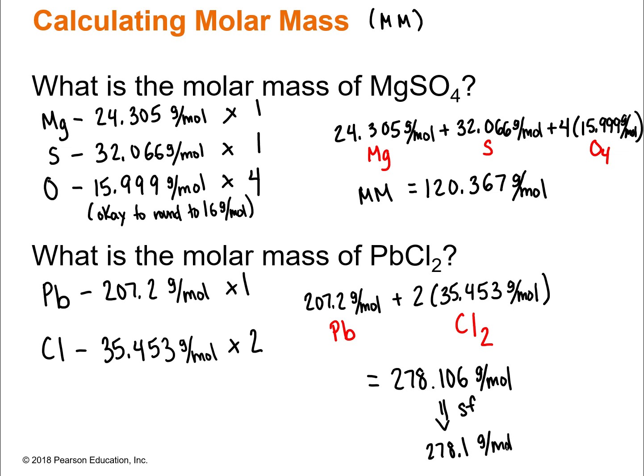I'm not going to hold you to that for this. As long as you get something in the ballpark, it should be all right. And for the exam, we're all going to have the same exact periodic table, so there shouldn't be any questions as to what exactly the molar mass is. So are we good on molar mass?